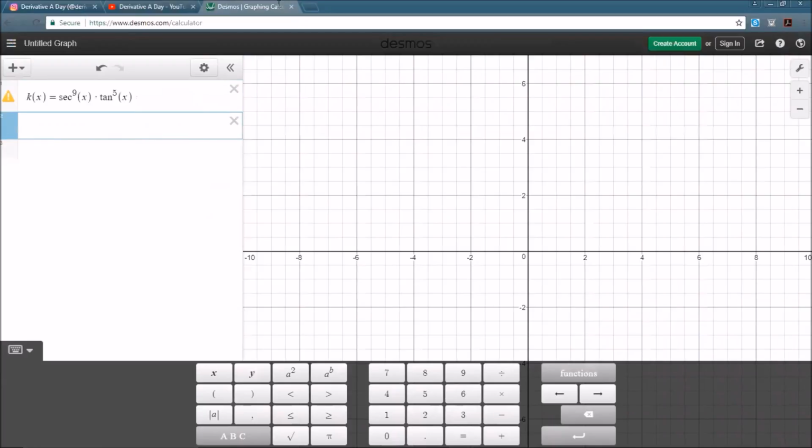Why? What's your problem? Oh, okay. No, okay, so Desmos doesn't like, only like secant squared and secant to the power of -1. However, we can plot our answer.